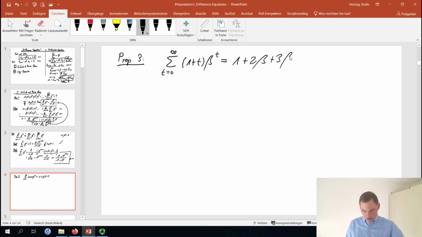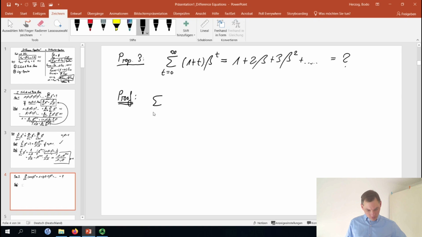It would be 3 beta squared plus, and so on and so on. And the question is, what is that? How can we find that? Of course, that is not obvious, but we can find a solution also for that term. So let me, without already showing you what it is, let me derive it or prove what it is.